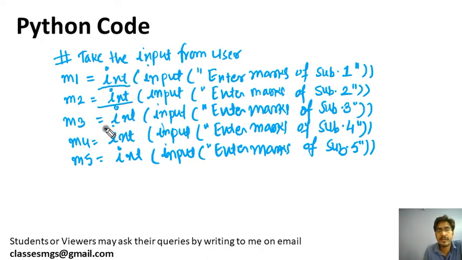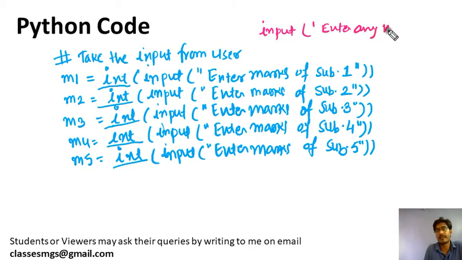Now you are noticing why we have written this integer in front of each input function. You can answer this if you know the simple basic concept: whatever we take with the input method in Python, let's suppose we write n equals input, enter any number. If this line executes and we enter 5, then n will have the value 5, but in string format.